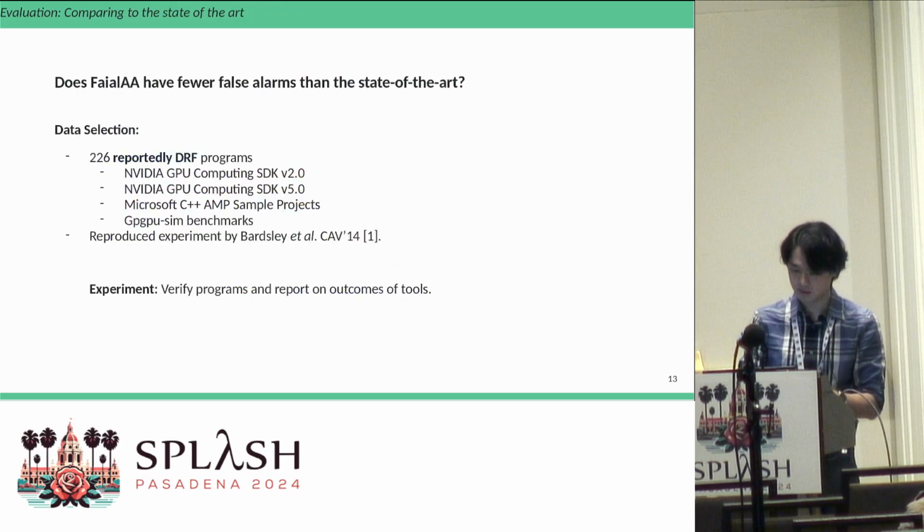So for the second question, does Faial-AA have fewer false alarms than state-of-the-art? To do this, we reproduce an experiment by Bardsley in CAV14, where we have 226 reportedly DRF programs from NVIDIA and Microsoft and some simulation benchmarks. So again, we run the 3 tools on this data set.